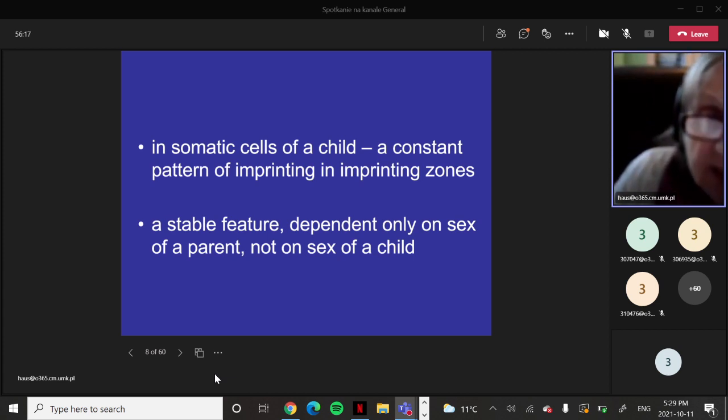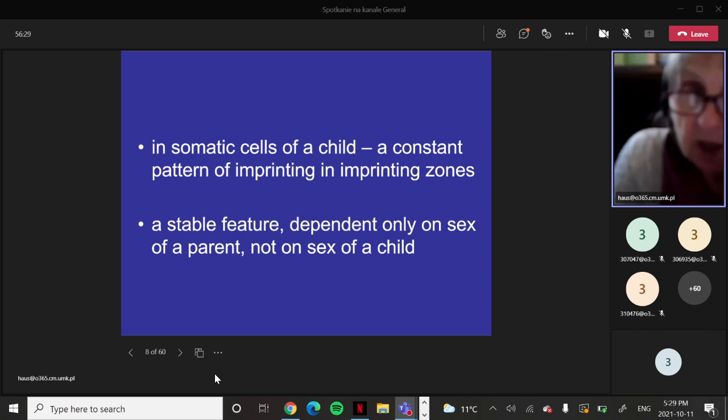In the somatic cells of a child, in which the complex of genes from mother and from father meet, we can see a constant pattern of imprinting in imprinting zones. Yes, like on this last picture.